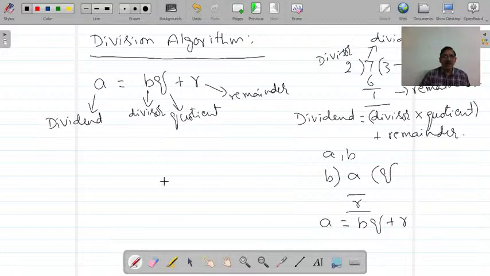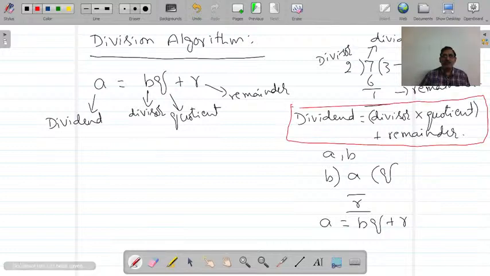Okay, in this, what is important is you can see that this is the principle which we are making use of. Dividend is equal to divisor into quotient plus remainder we are using. Now just by using this we are trying to solve the problems.